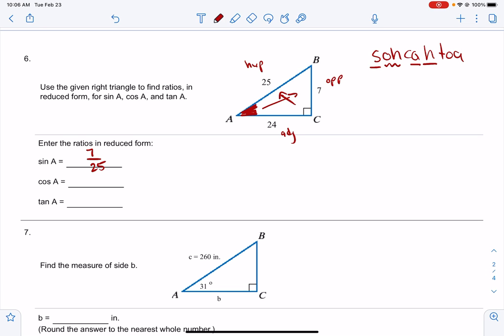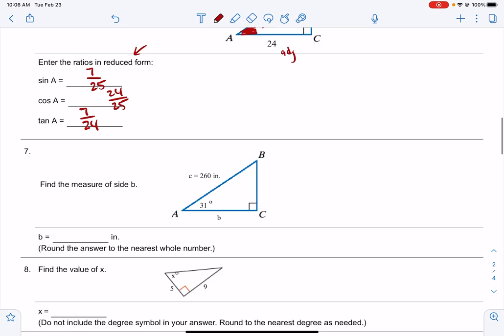Well, my adjacent is 24, and my hypotenuse is 25. Tangent tells me to use the opposite on top and the adjacent on the bottom. So I'm going to put 7 on top and 24 on the bottom. Now, it does tell me to reduce if possible. None of these reduce. They might on your question, but on my question, none of them reduce. So those would be my answers.